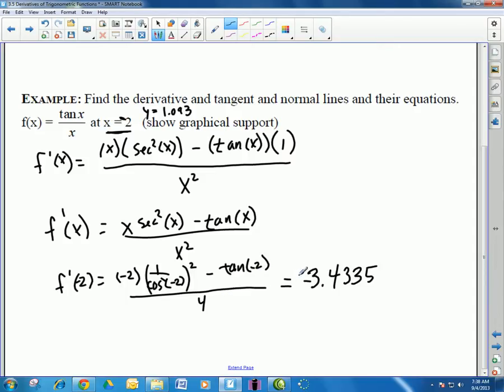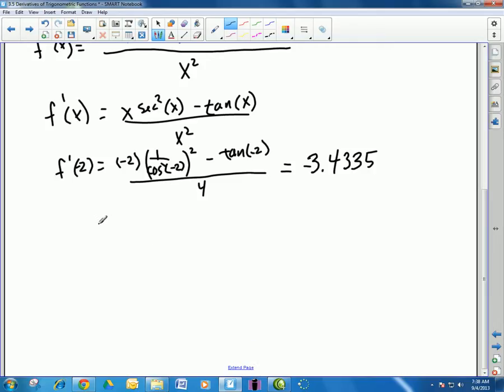And you would get negative 3.4335. You might have a different answer if you use positive, which is fine. Now, this is the derivative or slope at x equals negative 2 in my case, possibly 2 for yours if you did positive 2, which is perfectly fine. So now we're going to go ahead and find the tangent line.